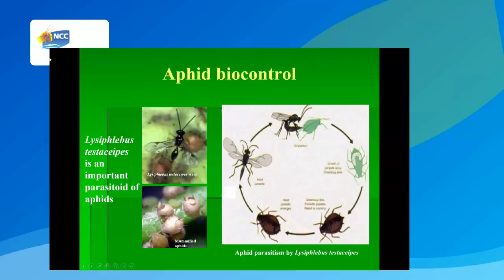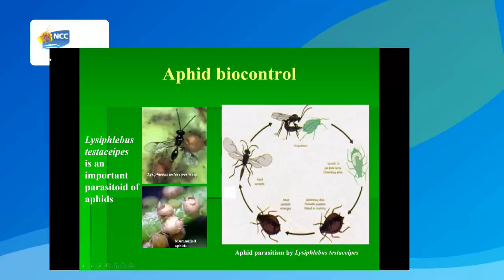Now, one of the most effective biological control agents for aphids is, again, a tiny wasp called Lysophlebus testacipes. And this stings the aphid, deposits the egg in there. The egg hatches out, as you can see in the diagram, and begins to voraciously devour the inside of the aphid. And in doing so, it causes the aphid body to become mummified.